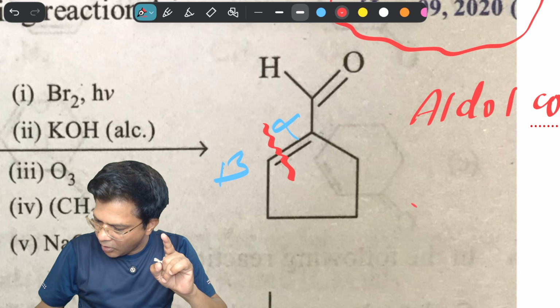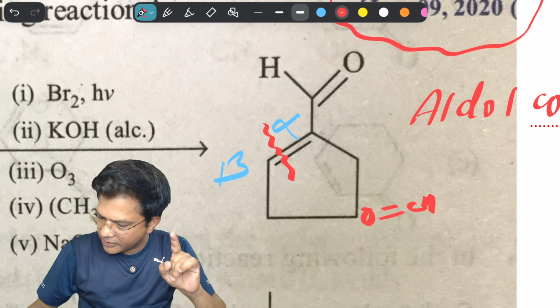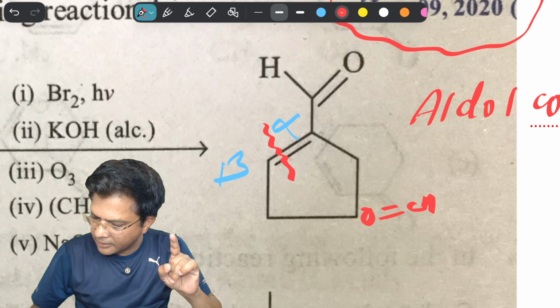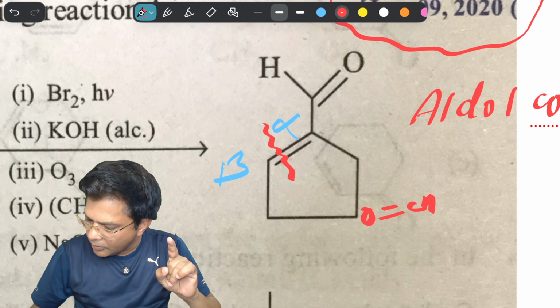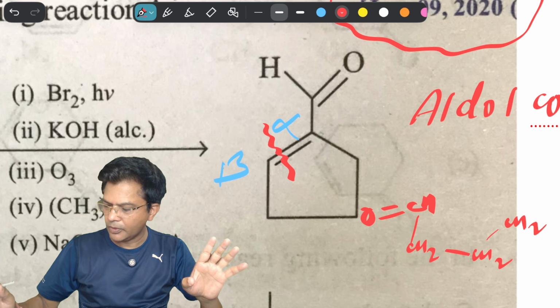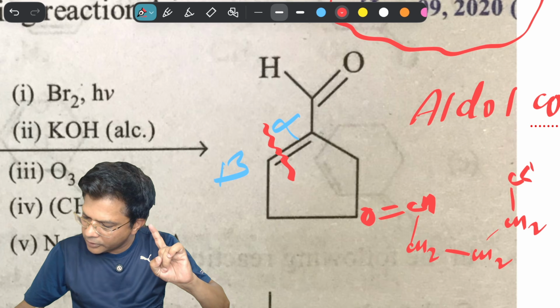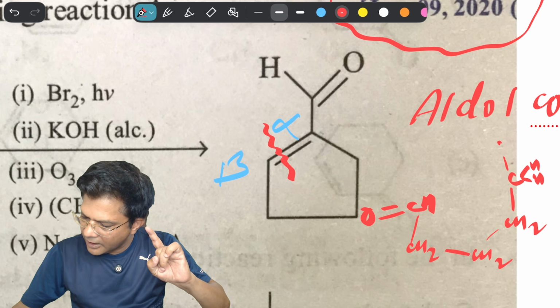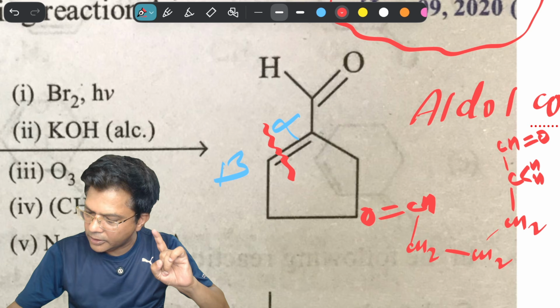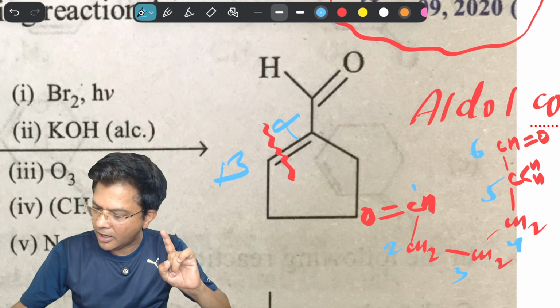So giving oxygen to beta carbon, I will get CH, and then CH2, the bond has broken. Now on the other carbon I have given hydrogen, and CH double bond O. Now count the number of carbon atoms: 1, 2, 3, 4, 5 and 6. 6 carbons I am having.